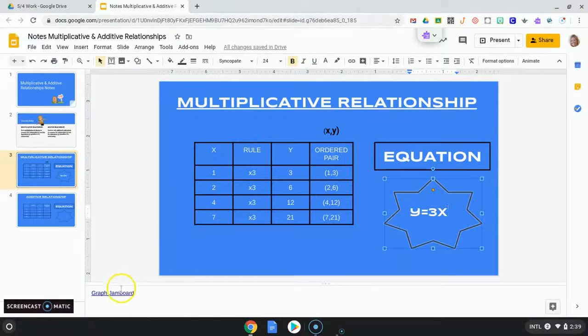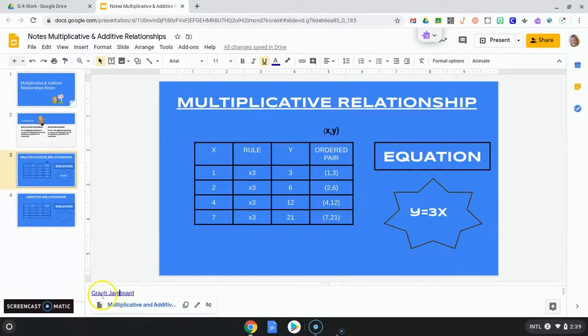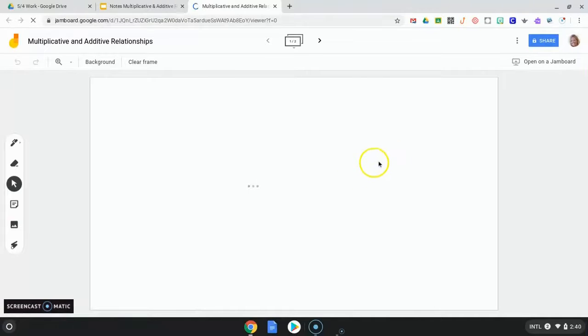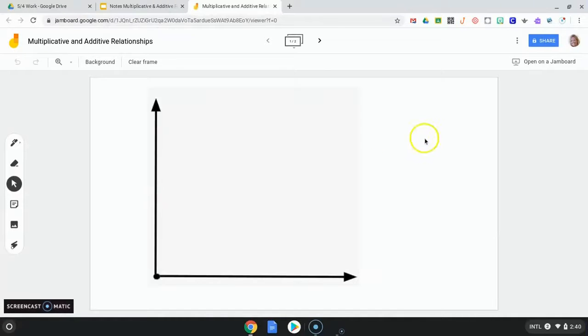Now we're going to go over here and look at a graph. Okay, so it's not exactly the same coordinate plane that we worked with when we did plotting the points, but remember, my x-axis is always going to be running left to right.